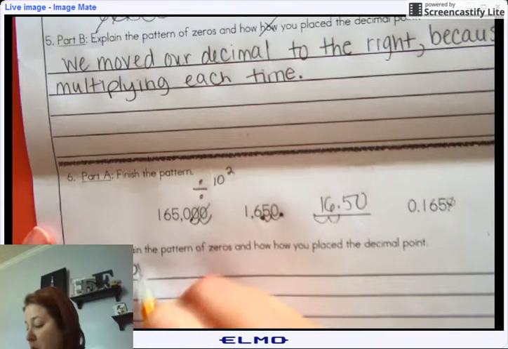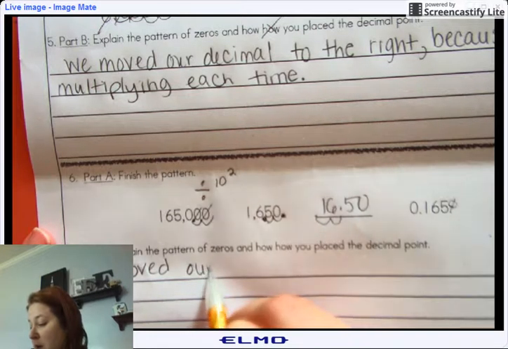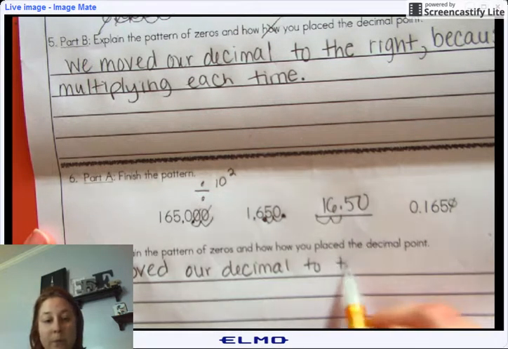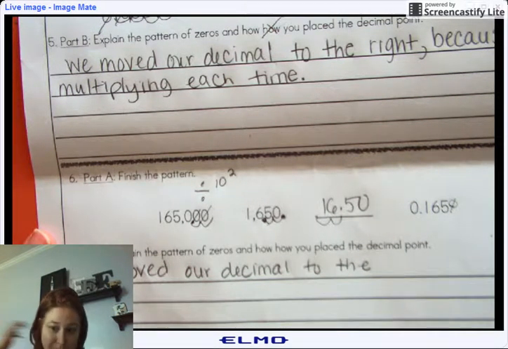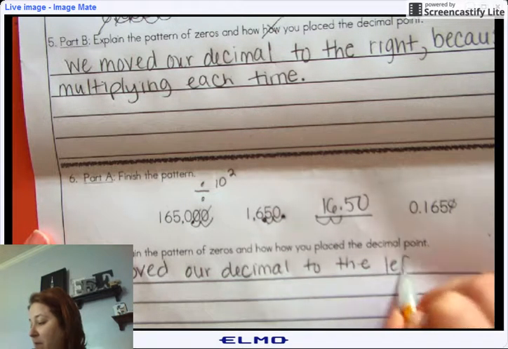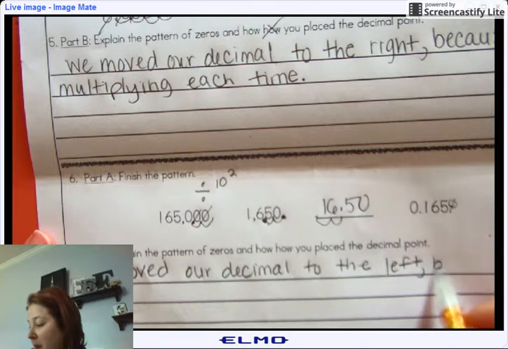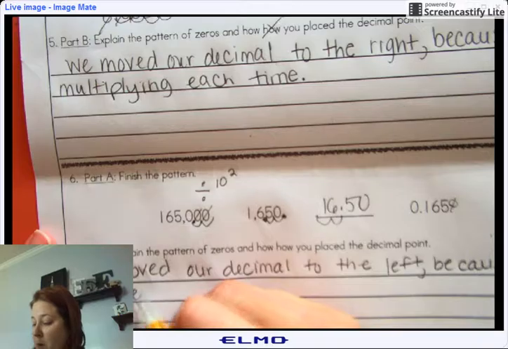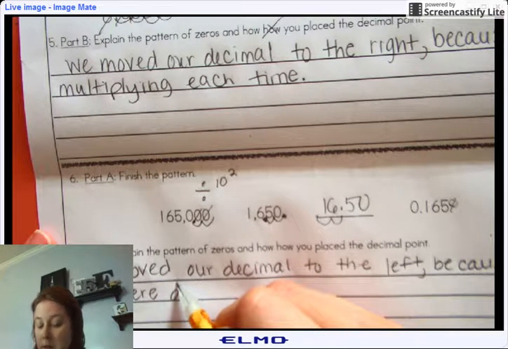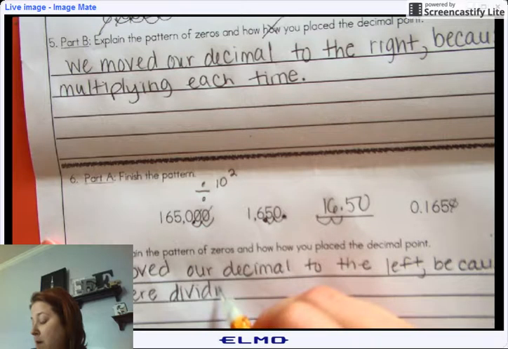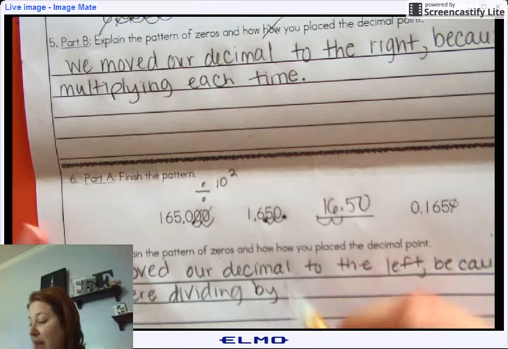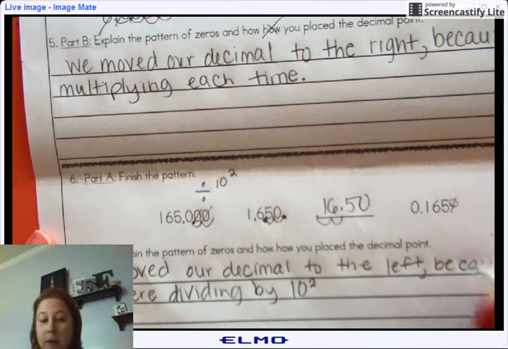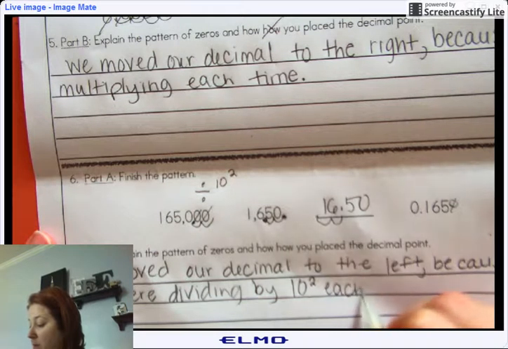We moved our decimal to the left because we were dividing, but this time we have to actually add more because we were multiplying by 10 here, but we were dividing by 10 to the second power each time.